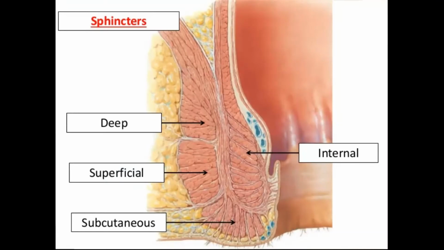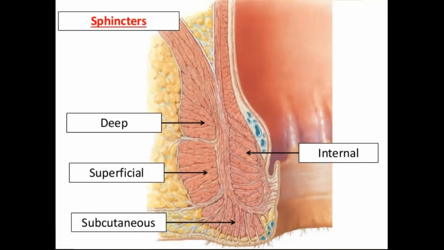The nerve supply for the internal sphincter is from where? Autonomic. Yes, the internal is autonomic.